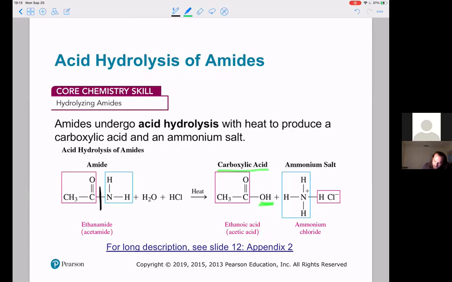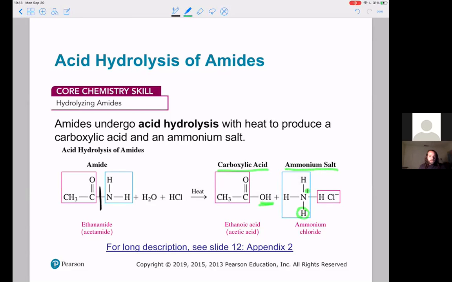And because, again, we're in acidic conditions, we get an ammonium salt, right? Because amines act as bases, they'll accept protons. So if we have this under acidic conditions, it's going to accept a proton and thus have that positive charge, being an ammonium salt. Okay, so you can have either base catalyzed or acid catalyzed hydrolysis.